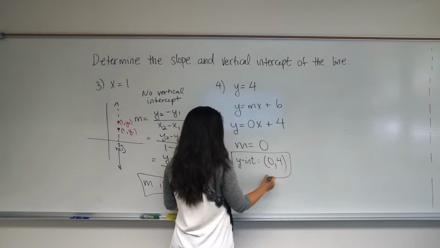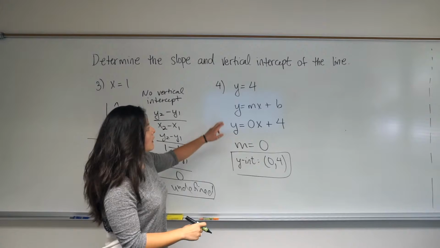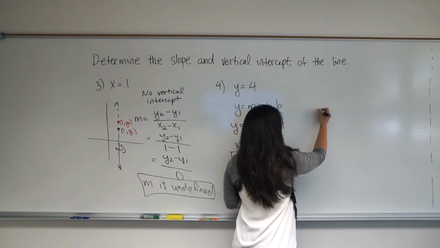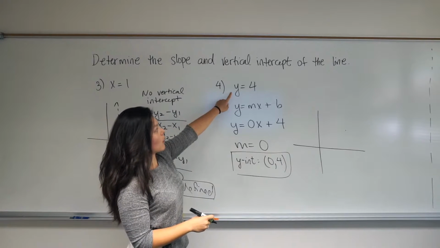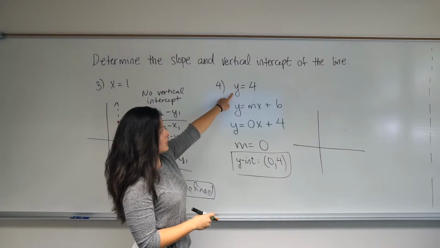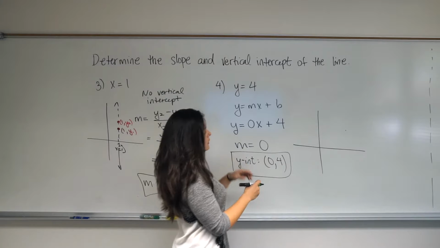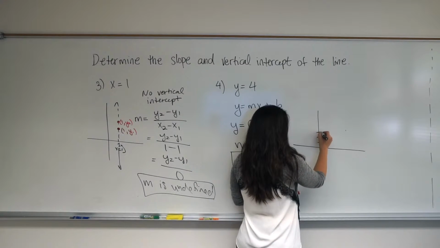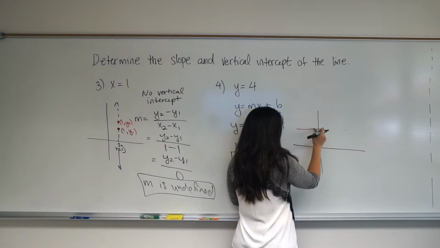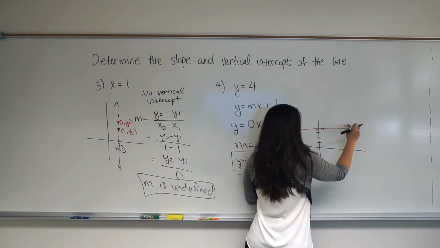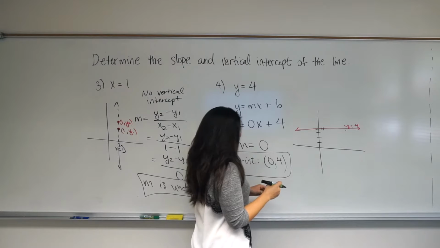Now you could also find this slope by thinking about this line as the line where every single point on that line has y coordinate equal to 4, or the output is equal to 4. So if that's 4 on my vertical axis, then I'm looking at this line here where y equals 4.